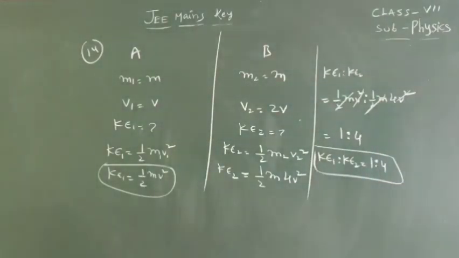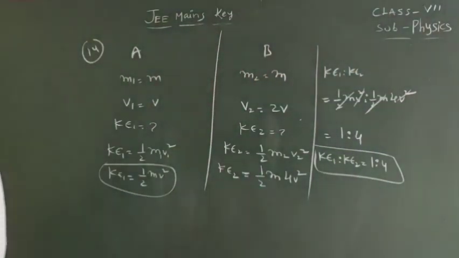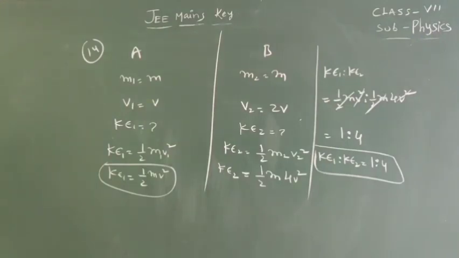Okay. Next 15th one. Two bodies of masses 2m and m have their kinetic energies in the ratio of 8:1.